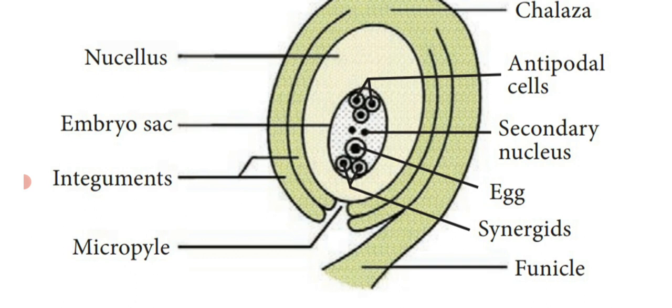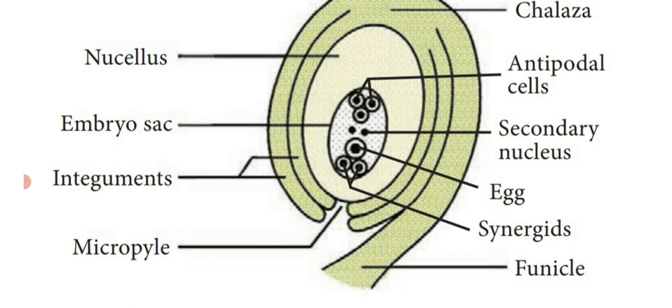It consists of three cells. At the base, the two cells known as synergids are located on either side of the egg. At the top is a larger cell known as the egg.